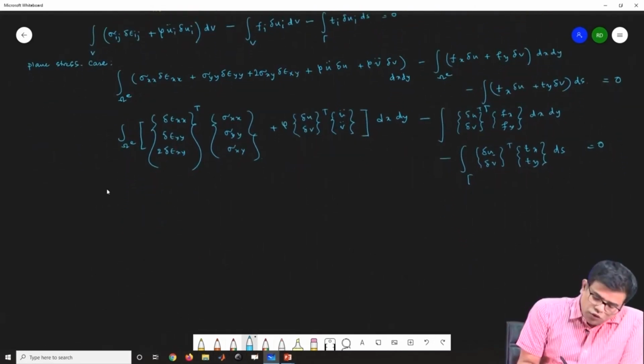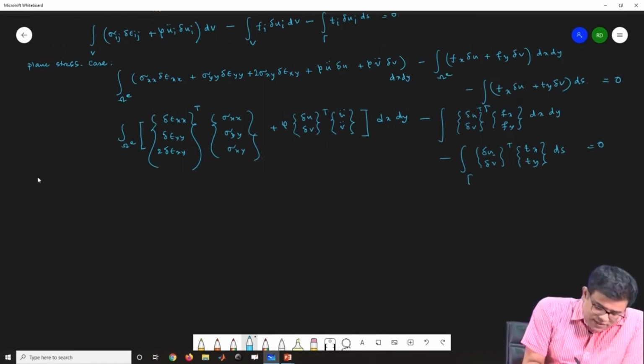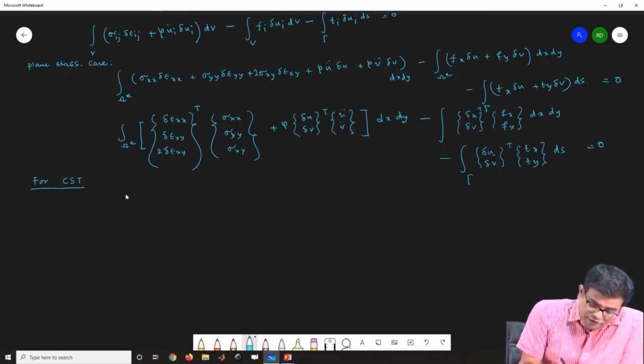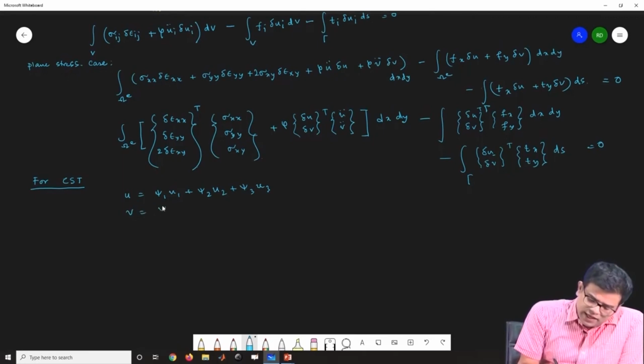Now we know this for the CST element. For CST we know u and v. So u is psi 1 u1 plus psi 2 u2 plus psi 3 u3, and v is psi 1 v1 plus psi 2 v2 plus psi 3 v3.